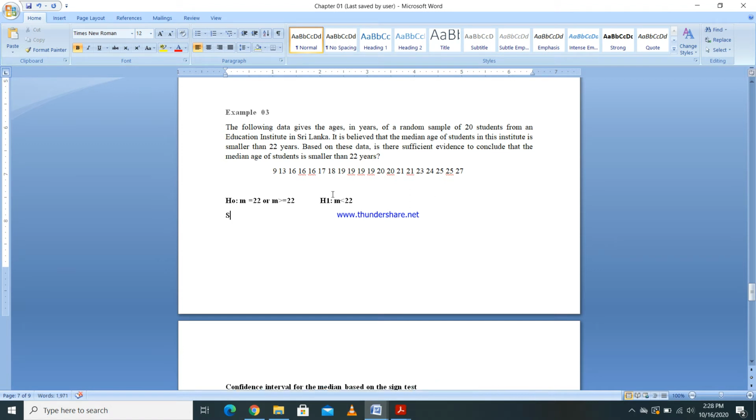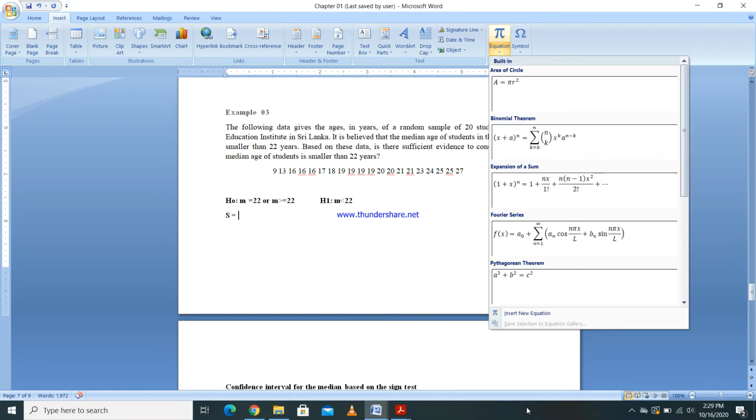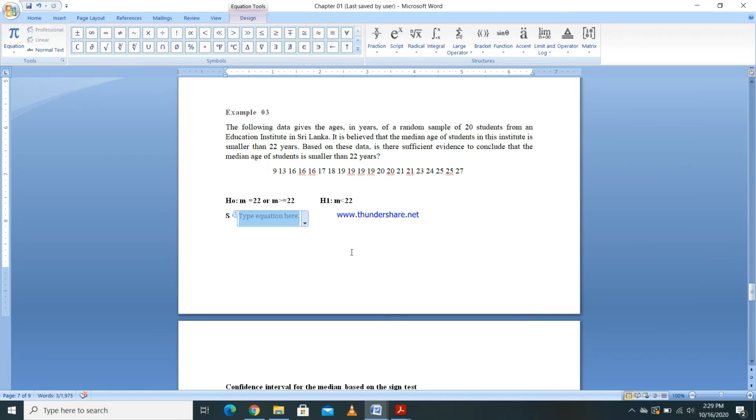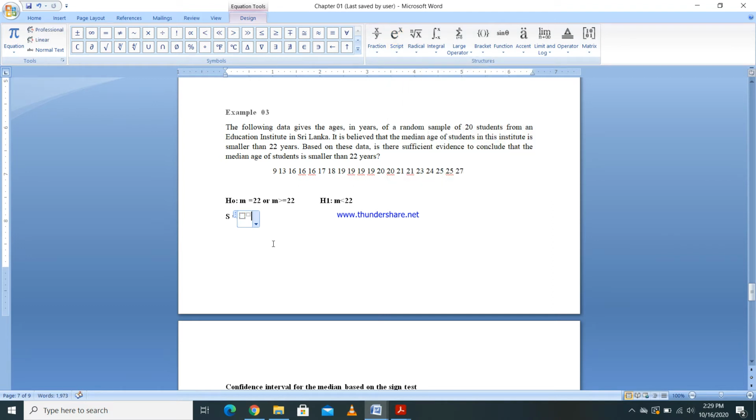In this case, we have the less than inequality in our alternative hypothesis. Because of that, we know the test statistic in such a case, when we are applying the binomial one sample sign test, would be N minus.